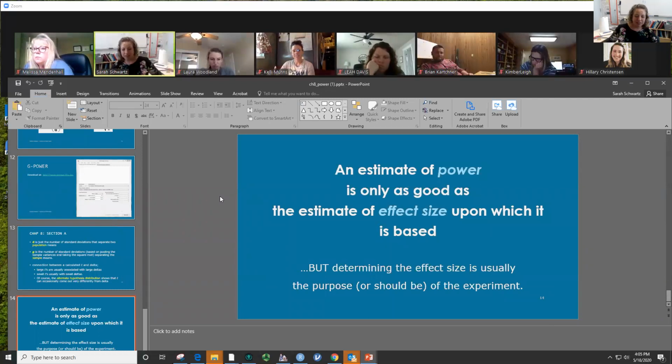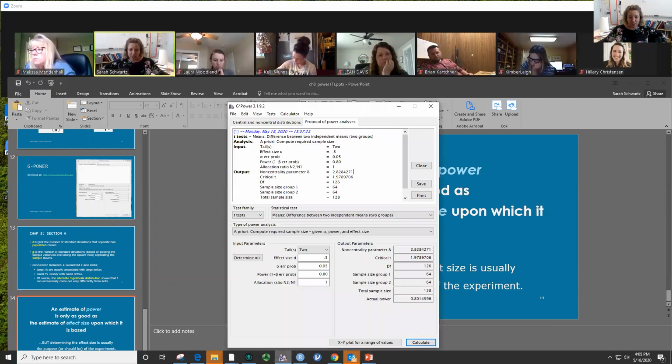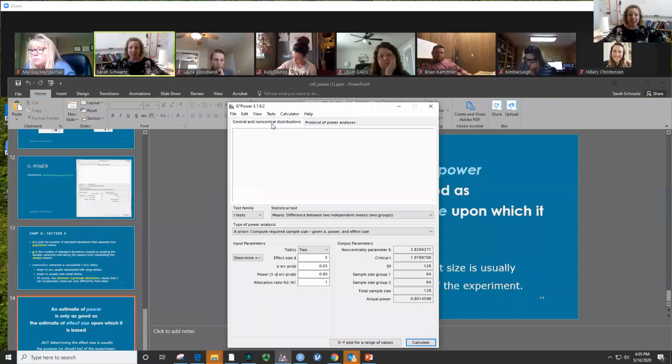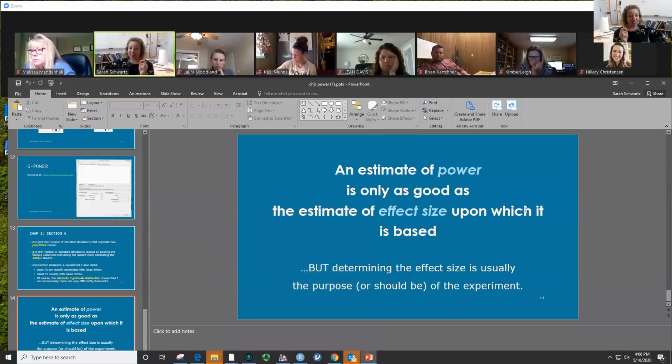Okay, this is the last slide. That's good because we're on our last 10 minutes. Last high point, really high point. So when you use G power, we use our little G power formula and we get an estimated sample size that we need. That sample size estimate is only as good as the effect size we input to it.